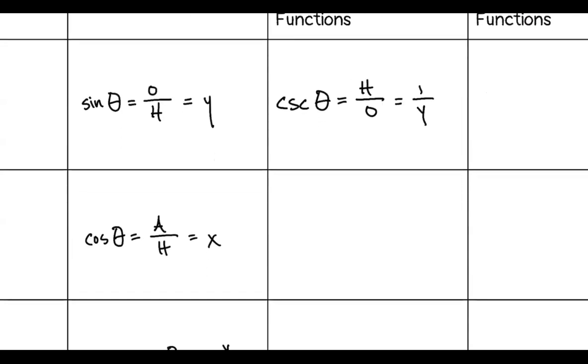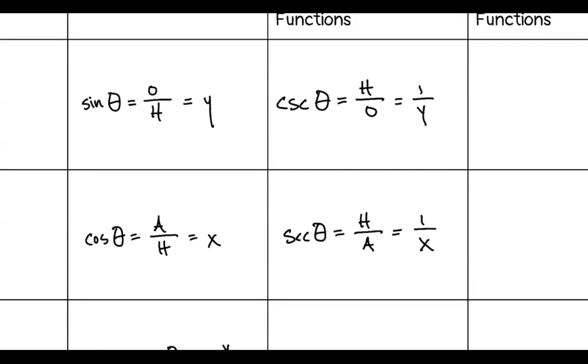Great. All right. What is the reciprocal function of cosine? Perfect. We've got secant theta. And how can we represent that in two different ways? Good. Hypotenuse over adjacent, or alternatively, we could say 1 over x. 1 over x.